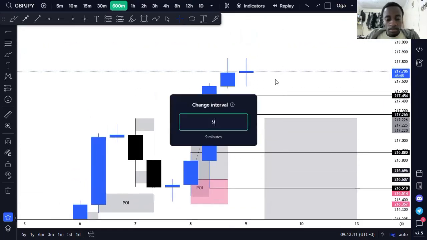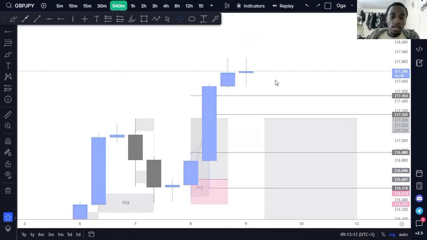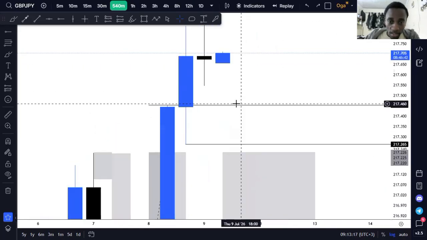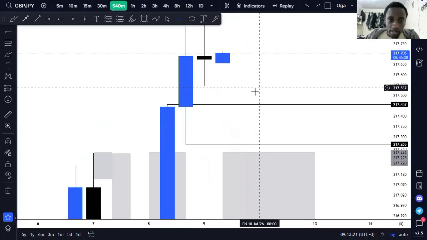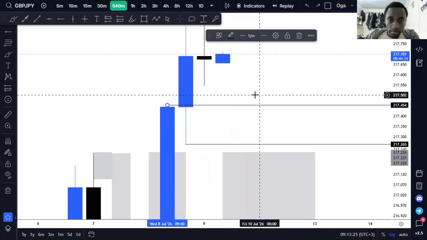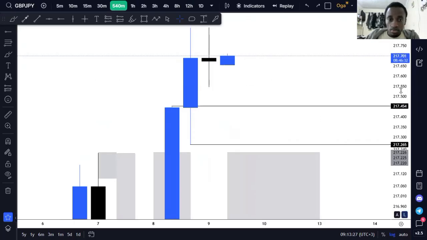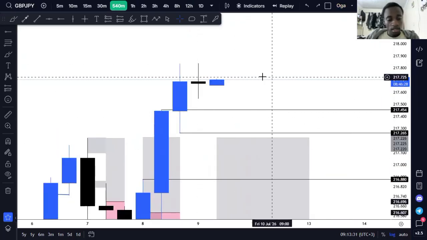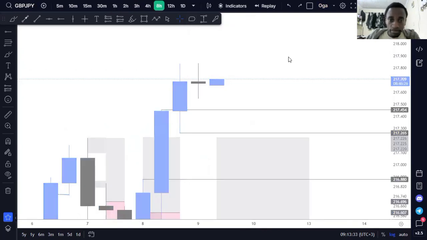Let's check maybe 9 hours, then 8. Yeah, 9 hours is presenting a weak overlap at this point. It's almost the same as the one on 18 hours I've just shown you. See the same area. Let's check on 8 hours.